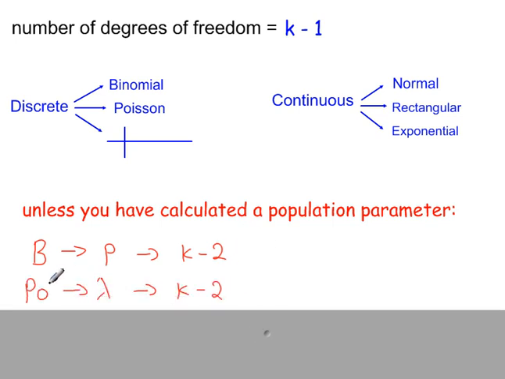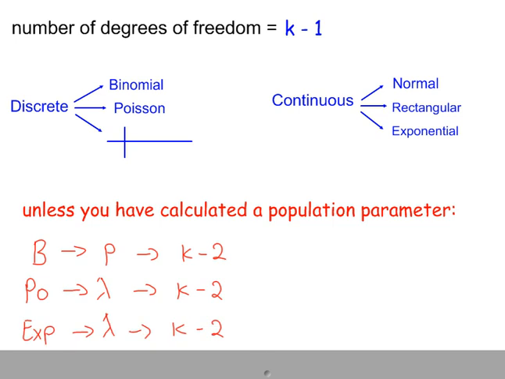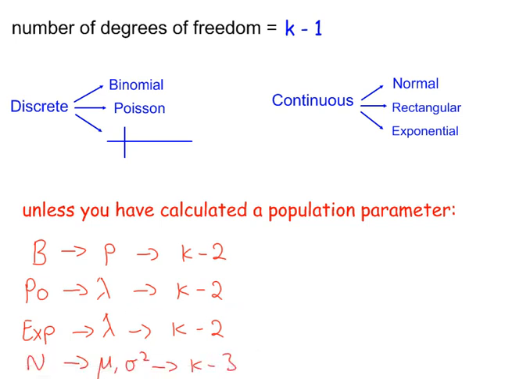In a Poisson distribution, the mean lambda, if you've had to work it out somewhere as a part of your solution, then you have to use k minus 2 degrees of freedom. For an exponential distribution, again, if you've worked out lambda somewhere or the mean, then k minus 2 degrees of freedom. And for a normal distribution, there are 2 parameters, and if you've worked out both of these parameters as a part of your solution, then k minus 3 degrees of freedom.